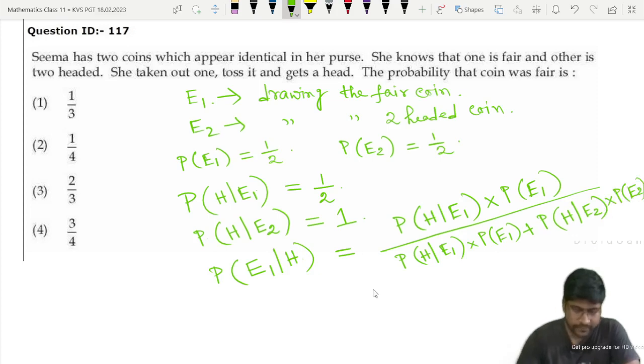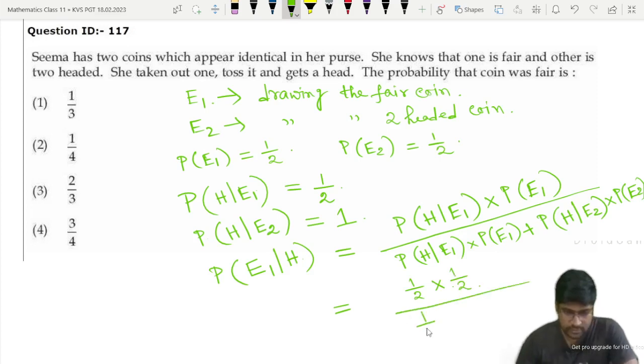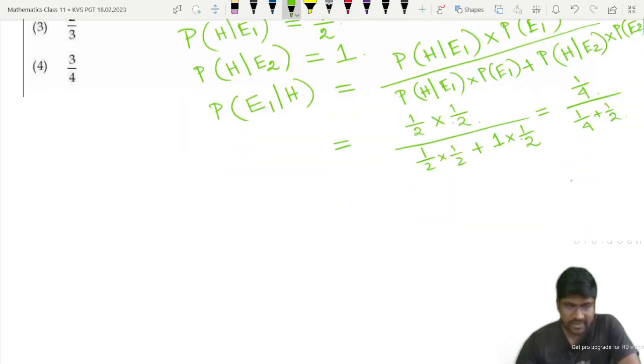So just now put the values. A given E1 means 1 by 2 and P of E1 means 1 by 2, divided by 1 by 2 into 1 by 2 plus A given E2 that is equal to 1 and P of E2 means 1 by 2. So in the numerator we get 1 by 4, in the denominator 1 by 4 plus 1 by 2. So that is equal to what?